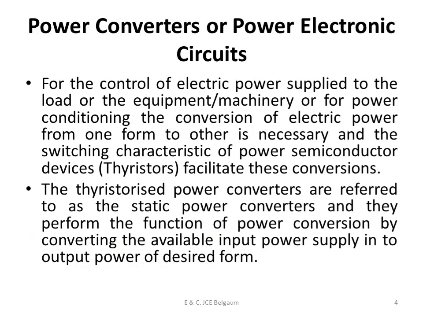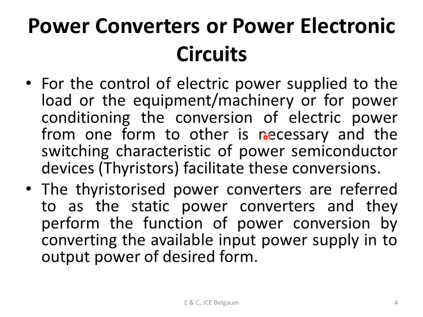For the control of electric power supplied to the load, equipment or machineries, or for power conditioning, the conversion of electric power from one form to another is necessary, and the switching characteristics of the power semiconductor devices facilitate these conversions. Whenever we have a particular requirement for the load, like the load could be AC or DC, then irrespective of whether the input is AC or DC, I am supposed to supply what the load requires.